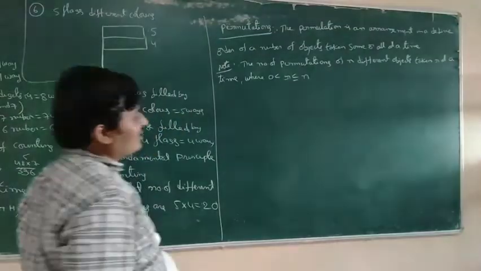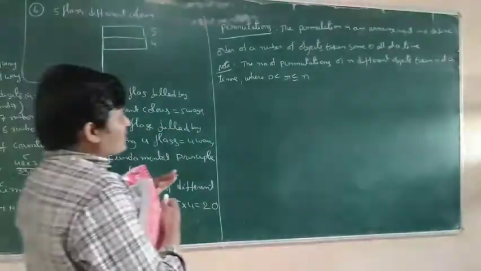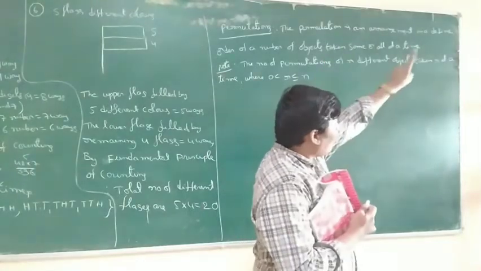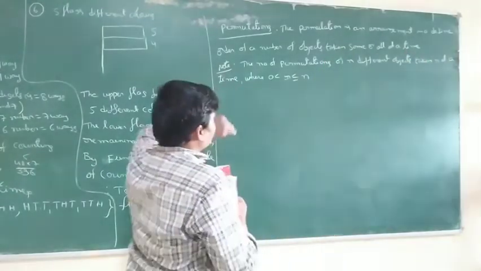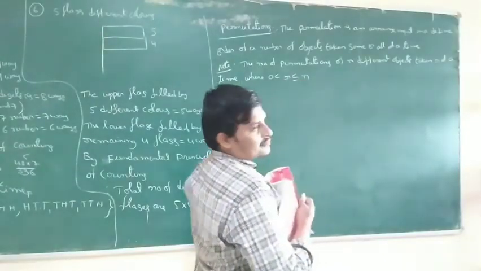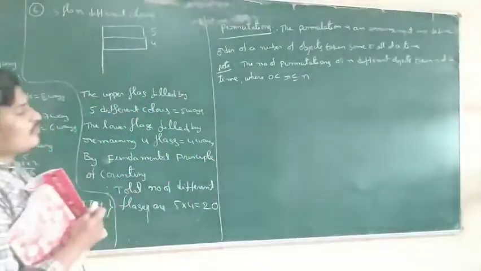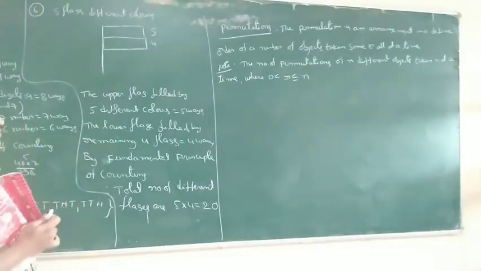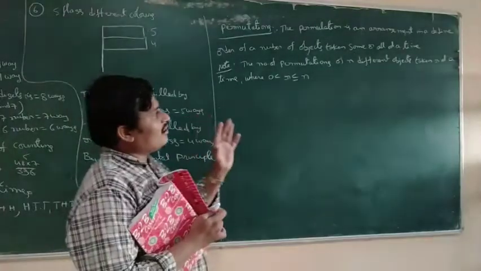So n objects are there, taken r at a time, and that r is less than or equal to n. r less than or equal to n means r equal to n is also allowed.